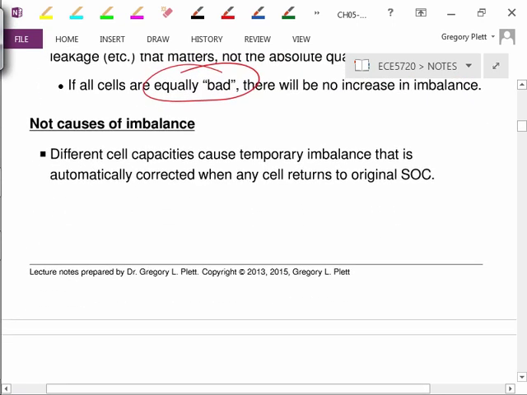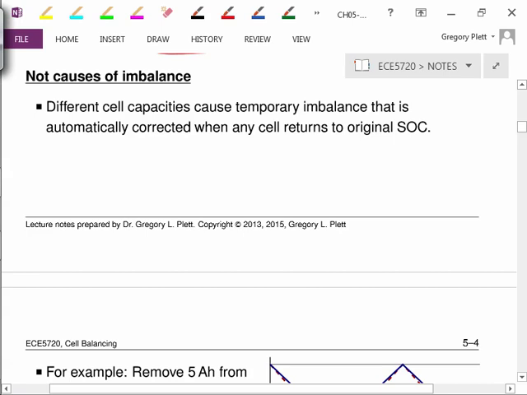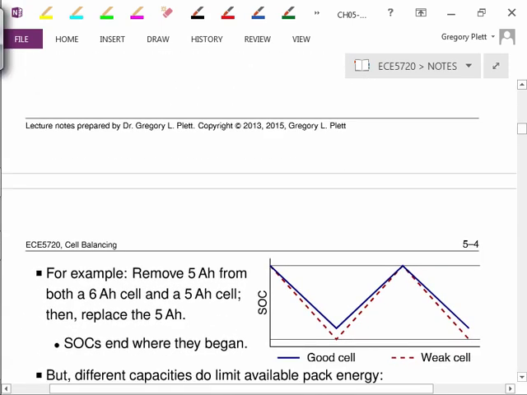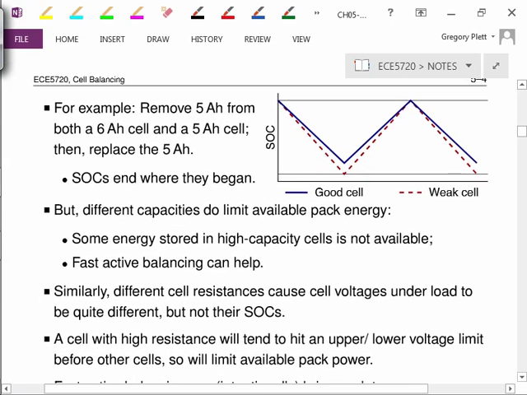There are some things that are not causes of imbalance that you might think would be causes of imbalance. There are things that cause a kind of temporary imbalance that's self-correcting. And if it self-corrects over time, then it's not really something to be worried about quite as much as something that does not self-correct over time. So let's look at a difference in capacity.